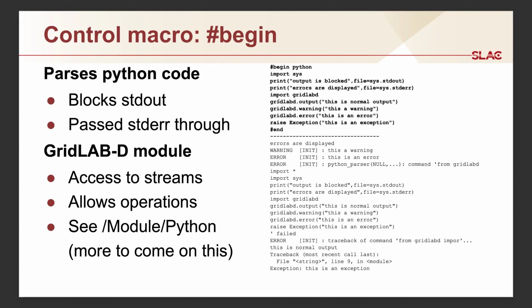And later on, when we talk about programming in Python, we'll talk about this Gridlab-D module at great length. And we'll get into much more detail about how to work with the Python interpreter. But you can see the basic idea how this works and the various outputs that are generated as a result.